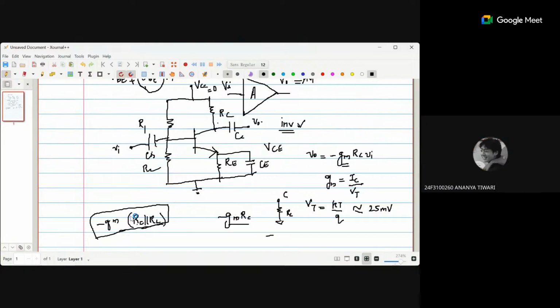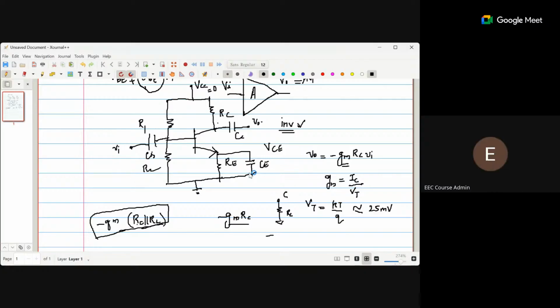Okay, ma'am, I have one question. When an AC voltage passes through CE, where will it go? This is the bypass capacitor. You're asking about this bypass capacitor CE? Yes, ma'am. It bypasses the circuit for AC, right? It gets short circuited, then the voltage passes through it, right? Then where does that voltage go?